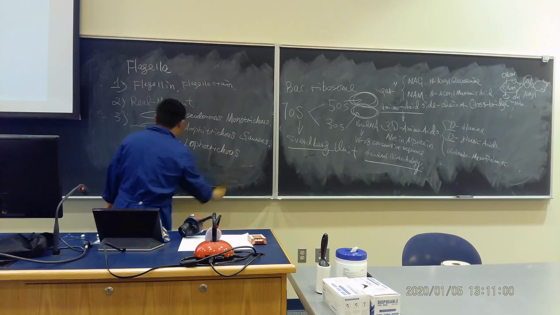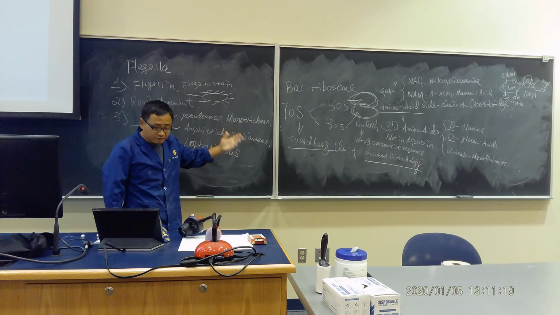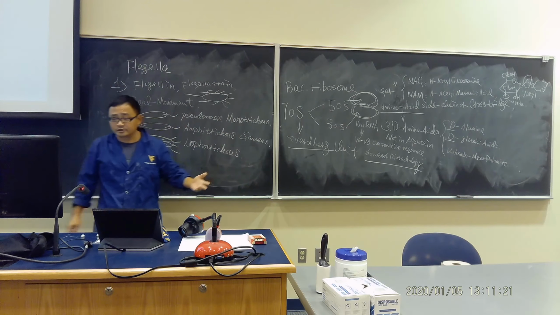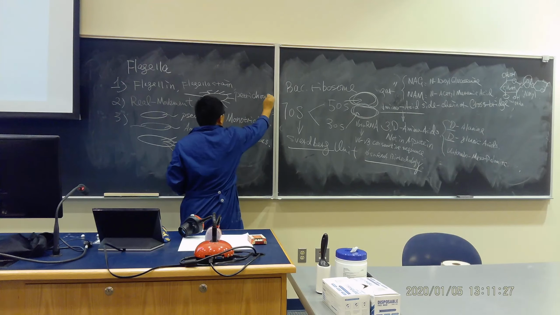The last one, everybody knows, we will mention in the lab again and again. Proteus vulgaris. The flagella cover the whole surface, everywhere. And I mentioned there may be no colony forming. It's called swarming. This is called peritrichous. Okay, those are the four different categories of flagella.